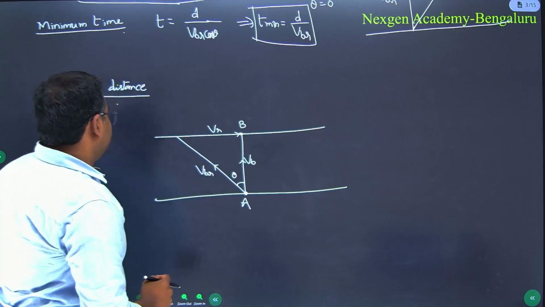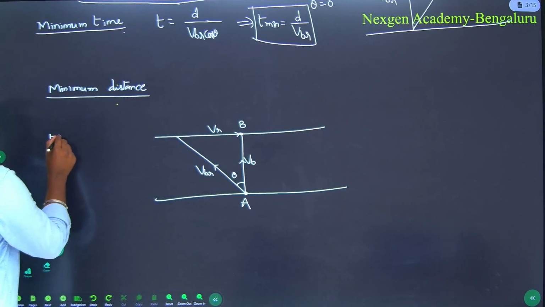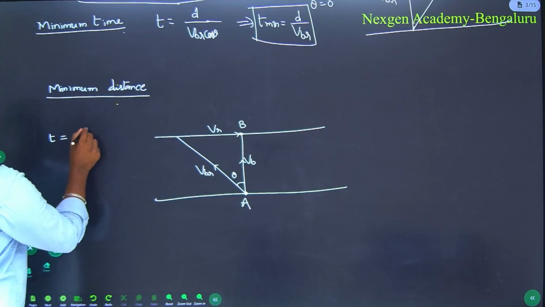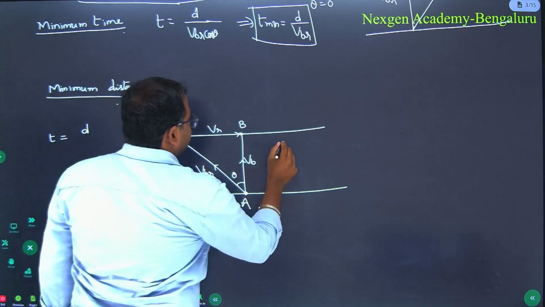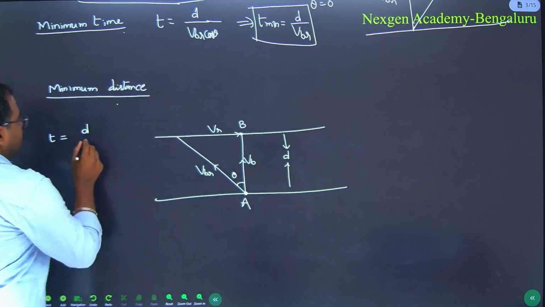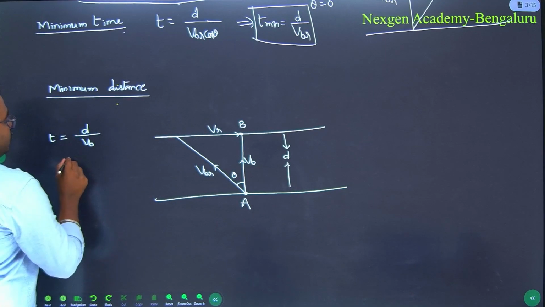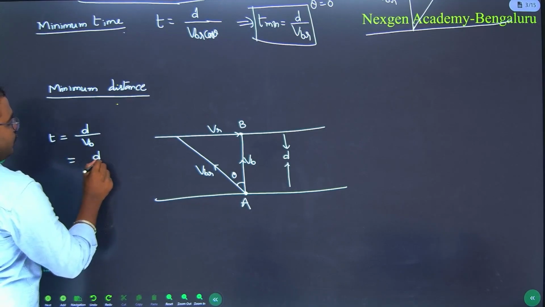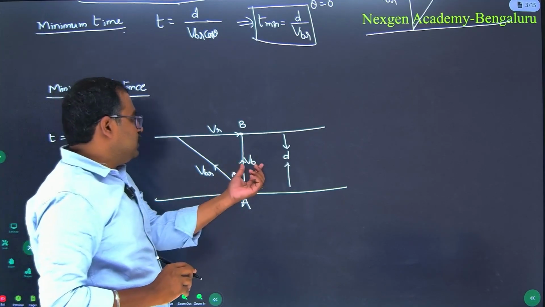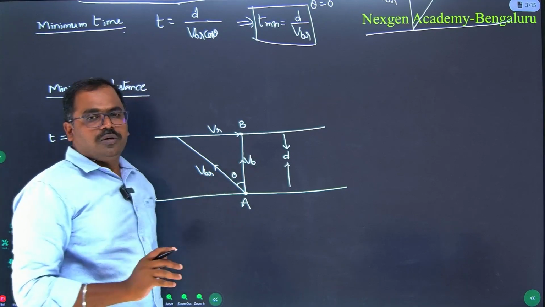exactly. So therefore, in this context, time taken is equal to distance, means width of the river, by velocity of the boat with respect to ground, which is equivalent to VBR cos theta. This VBR can be resolved into two components.